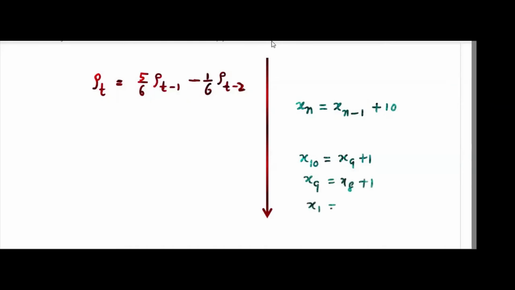That way you write x1, it's x0 plus 10. So if you know x0, put it here, you get x1, put here, then you get x2, x3, xn. You can find it directly. This is first order, only one term lag is here, so it's easy to solve. You don't need to use any equation. But if I write 2, then that will create a problem.